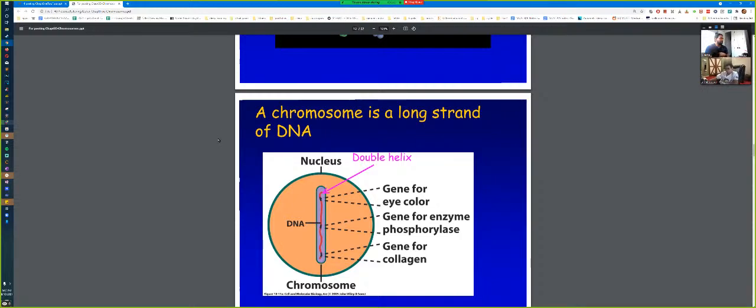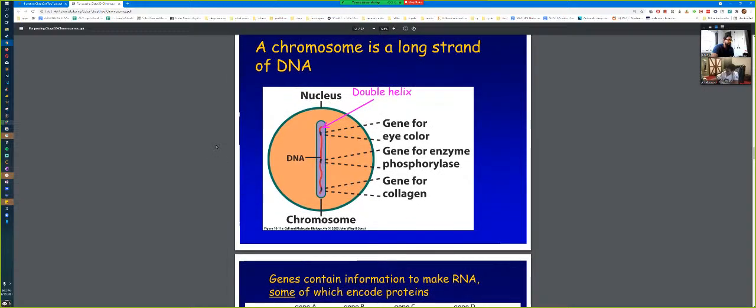So a chromosome is a long strand of DNA. Remember when it condenses with histones and stuff? It can be visible. So we can notice there are locations of genes on that chromosome.